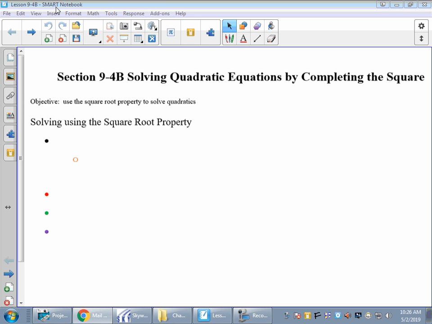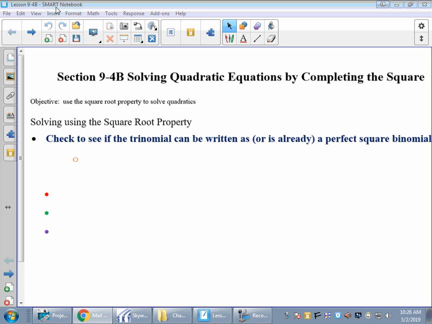So the first thing we have to do is check to see if the trinomial can be written, or maybe it's already written, as a perfect square binomial. And how do we check that? It might already be written for us, and that's real nice. If not, we have to look at, is C equal to 1/2 B squared? That's the big question.